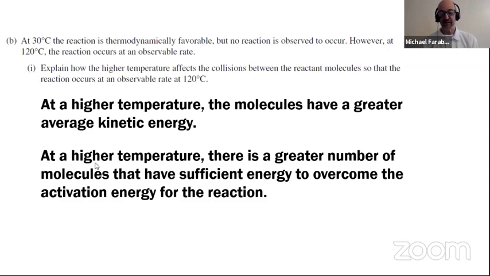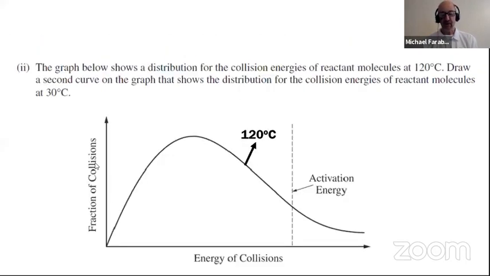Now, they've already given you a graph for 120 degrees, and our job is to draw one at 30 degrees. Now, many students who got this question wrong on the AP chemistry exam did this. So they just assumed that it would be lower, completely just drawing a new curve that was underneath the first one.